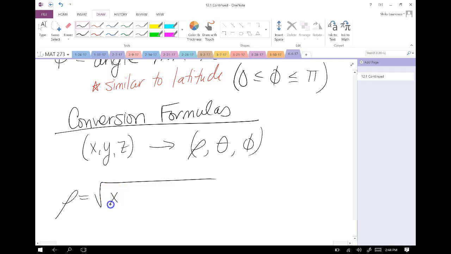So to get that, all we have to do is our distance formula. But since it's always the distance from the origin, one of the points is 0, 0, 0, we're just subtracting zeros from those coordinates. It's really just square root of x squared plus y squared plus z squared.